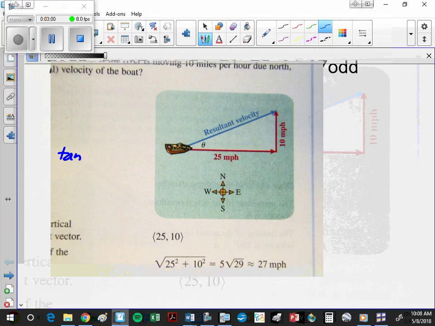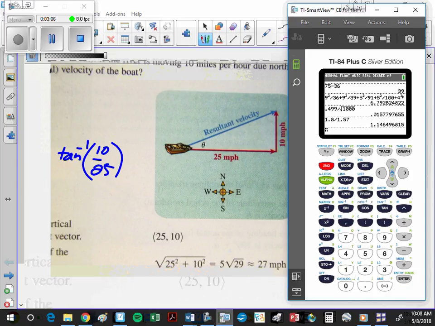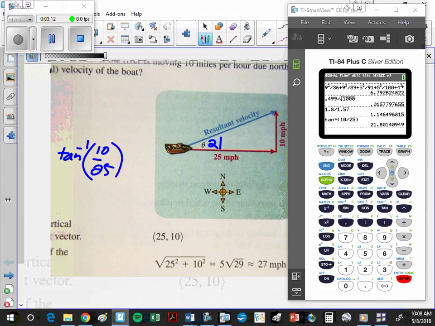Inverse tangent of 10/25. So the inverse tangent of 10/25 gives us an angle of 21.8 degrees. That is my direction. Okay. How do I figure out the velocity of this?